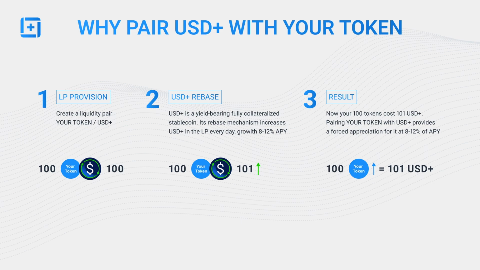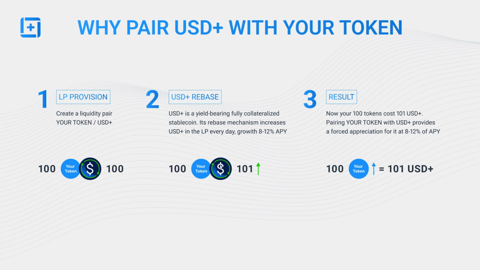But what I want to leave you guys on is why pair USD Plus with your token. If we quickly go through the steps here, as we know, we have 50% of a token in question and 50% of USD Plus. Now, again, same concept. USD Plus is a yield bearing asset. It's fully collateralized and it's also a stable coin, and it does grow throughout each day, and it also grows within that liquidity pool.